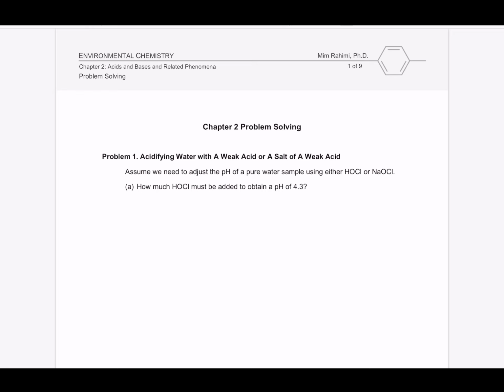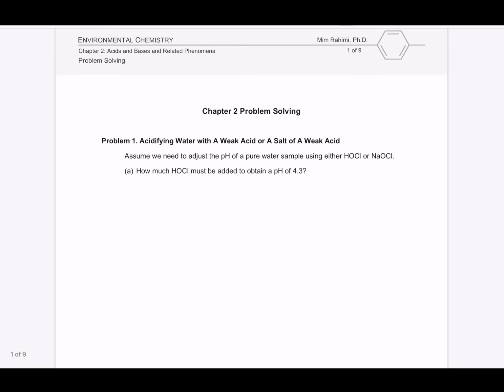So the first question is basically asking us how much of a weak acid or a salt of a weak acid we need to add to pure water in order to adjust the solution pH to either something below 7 or something higher than 7. So the first part, basically, we're adding just the weak acid itself.